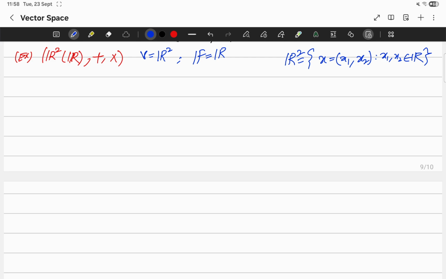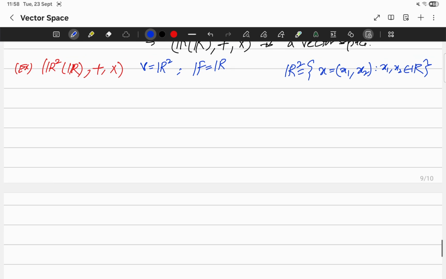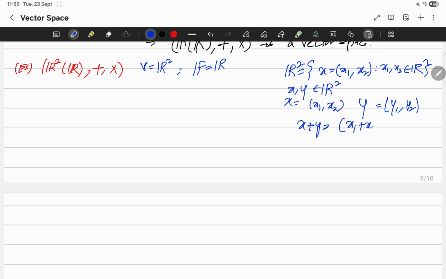Now vector addition. If x and y are two elements from R2, it means x has coordinates x1, x2 and y has coordinates y1, y2. So x plus y is defined in this way: x1 plus y1 for the first coordinate, and then x2 plus y2, corresponding coordinates.